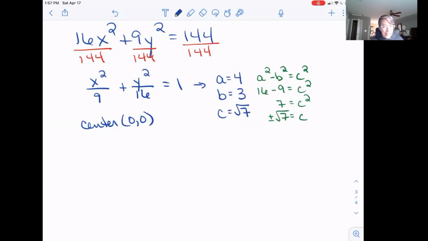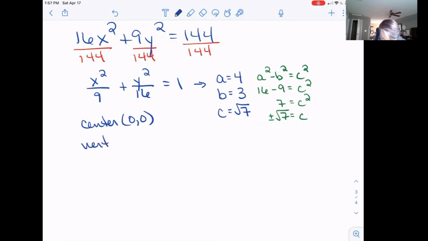Now again, you can graph it first. But remember, they're asking us to find vertices, co-vertices, and the foci. So if you recall, the vertices, there's always 2, and they are a distance away from the center, but we need to know if it's distance left to right on the x or up and down on the y.